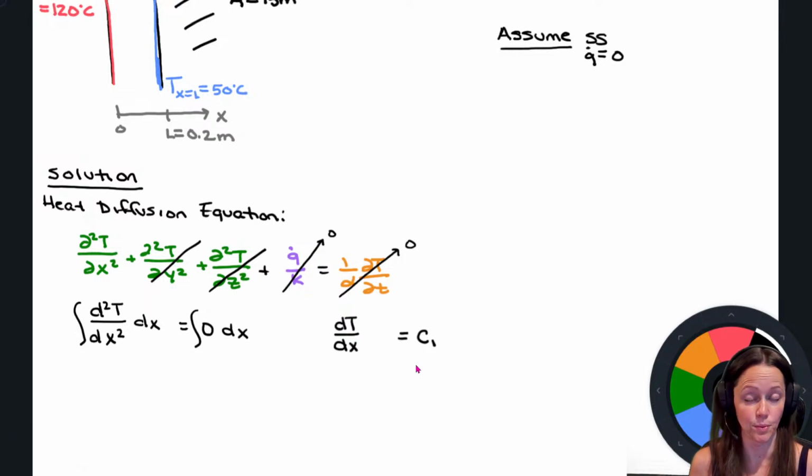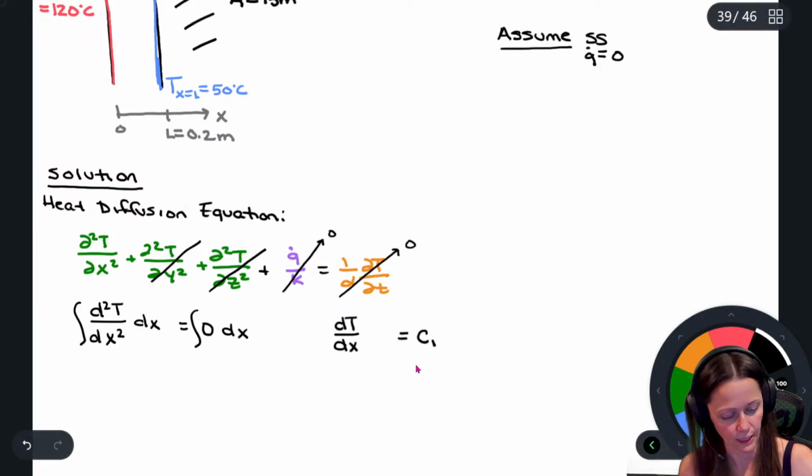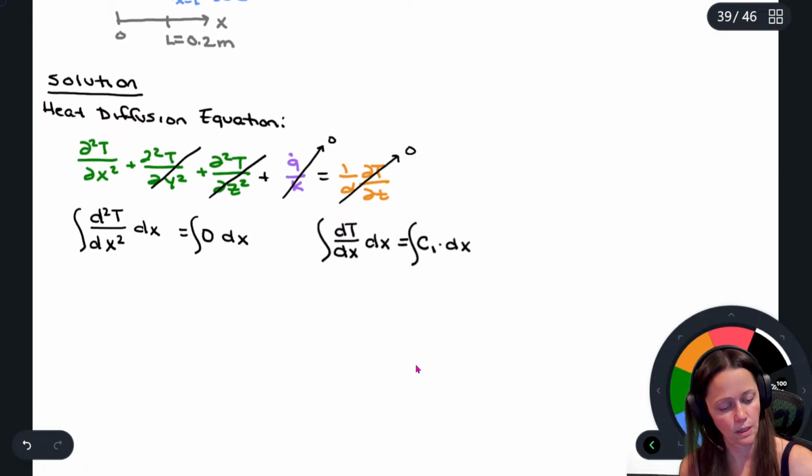And I'm going to do the same thing again. I'm going to multiply both sides by dx, and I'm going to integrate one more time. And so now I should get T as a function of x. So it's going to be c1x, but I've got another constant of integration as well.